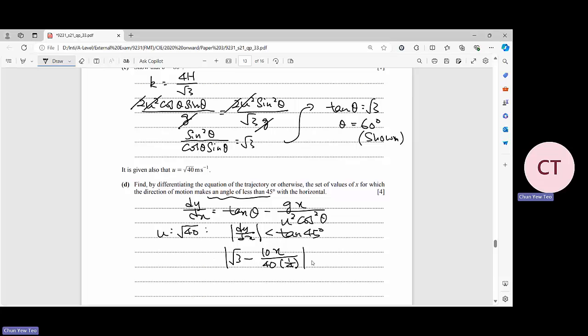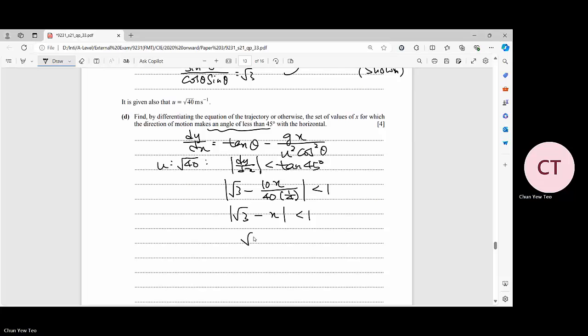Okay, like this, less than 1. Continue to simplify, you will get this is less than 1. Take away the modulus, that means this is between 1 and -1. So therefore, your x is between root 3 plus 1 and root 3 minus 1. Okay, if you want to make it the same pattern, you can just write root 3 minus 1 and root 3 plus 1. So this will be the answer for the question over here.